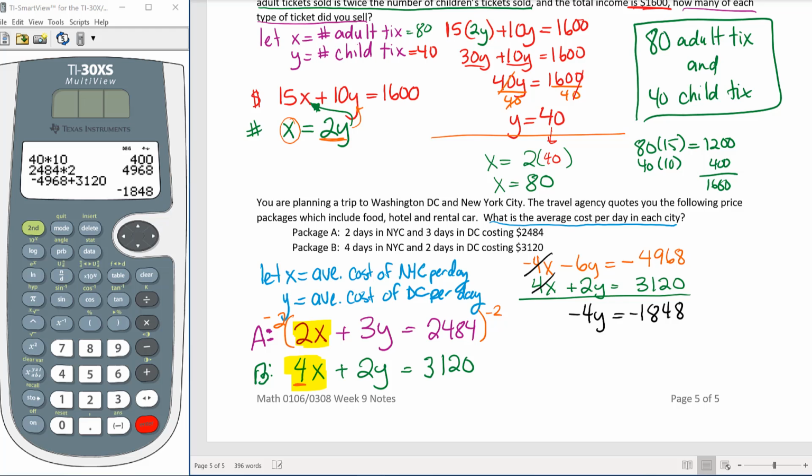Now I can divide both sides by negative 4, and that gets me y is equal to 462. What was y again? Oh right, that was the average daily cost in D.C. It's $462.